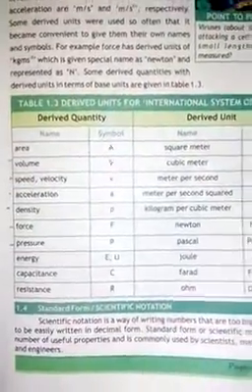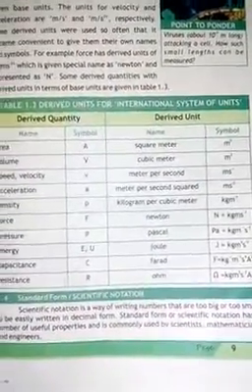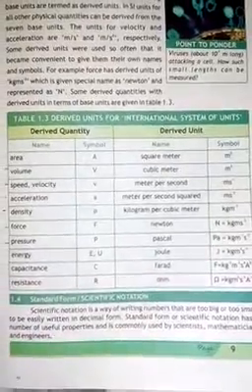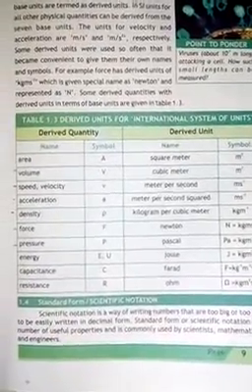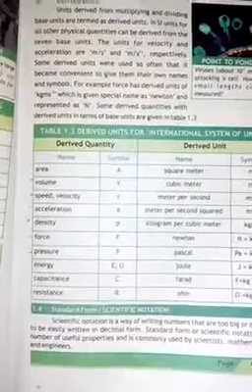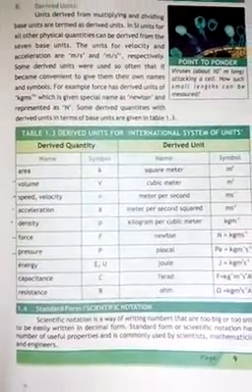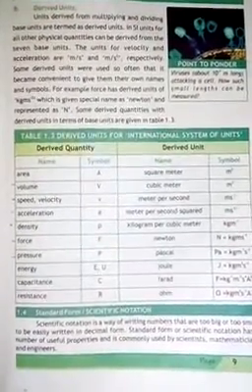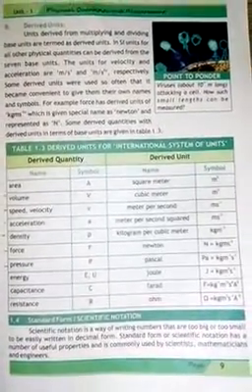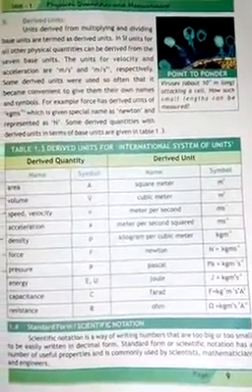In physics we deal with measurement, so due to these measurements there are some values which are very small. For example, the diameter of an atom, the mass of an atom, the mass of an electron. Similarly, the distance between the earth and moon, the radius of the earth, and many other larger values. While the diameter of an atom, the mass of an atom, and the mass of an electron are very small values.